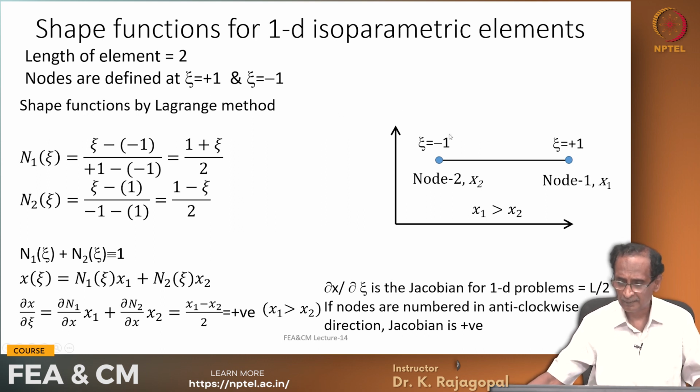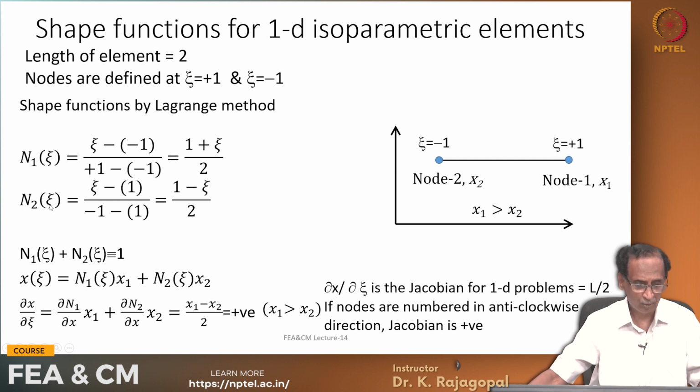Let us try to get our shape functions by the Lagrange method, and N1 of xi is xi minus the location at the other point, and that is -1, divided by the coordinate value at node 1, which is 1, minus the coordinate value at the other node, that is -1, so that is (1 plus xi) by 2.